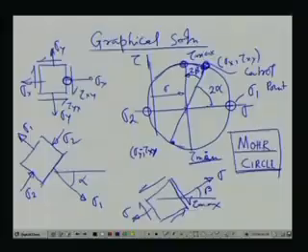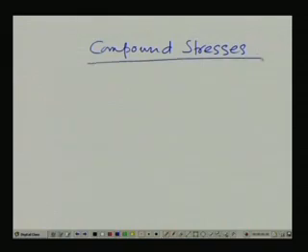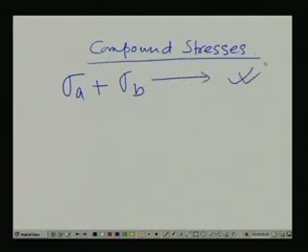So, to conclude today's lecture, what we can say is that we have already learned the compound stresses. Compound stresses we have learned, means sigma axial plus sigma bending, you can do it, correct.